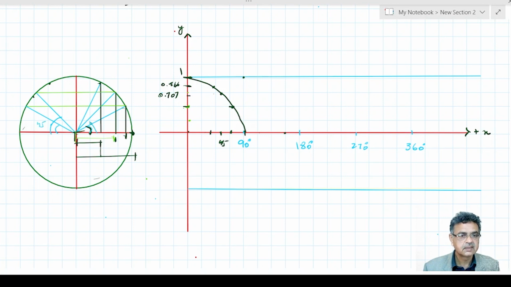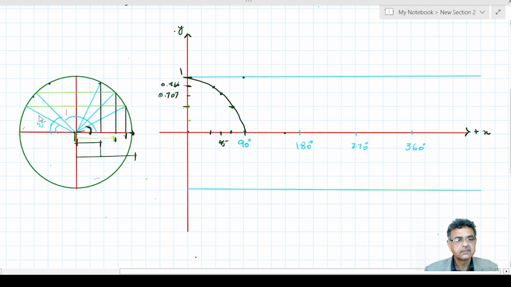From the other side, it will be 135 degrees. So whatever value it has for 45, it is the same value for 135, but one difference you should notice is that these values are on the opposite sides.